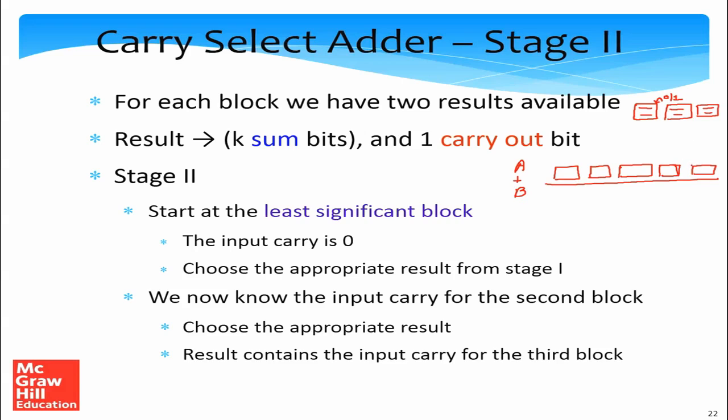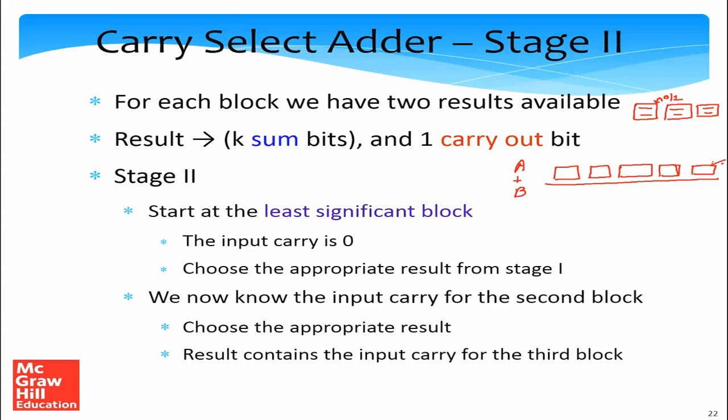So then in stage 1, what have we done? For each block we have done the addition, assuming an input carry of 0 and an input carry of 1, so we have 2 results. In stage 2, we start at the least significant block.